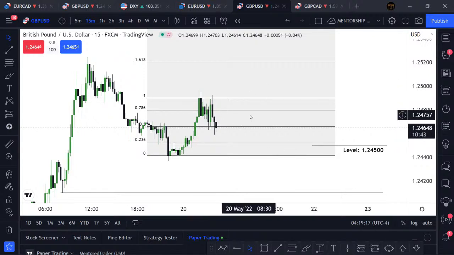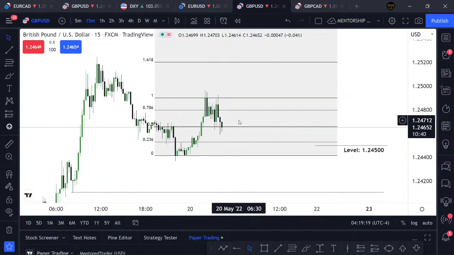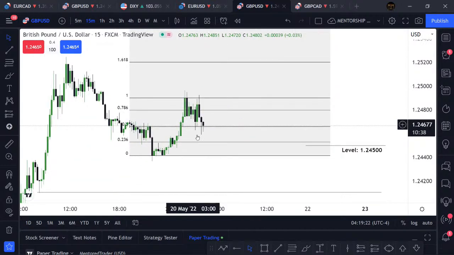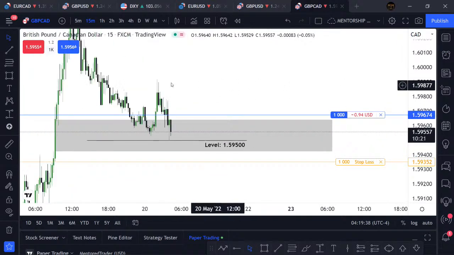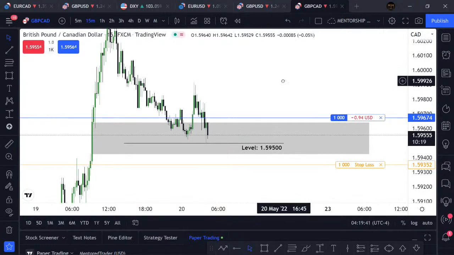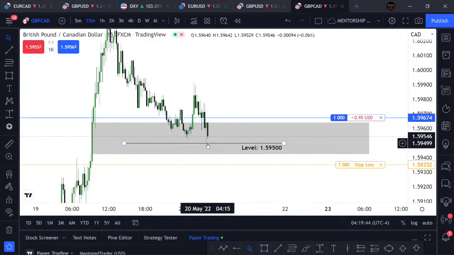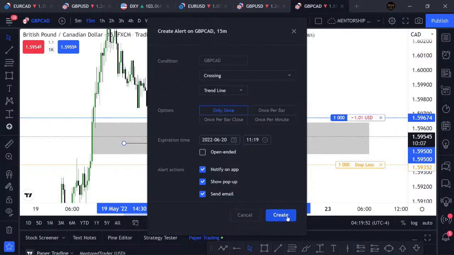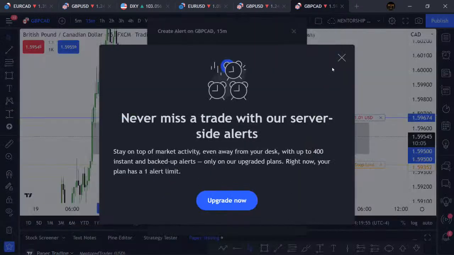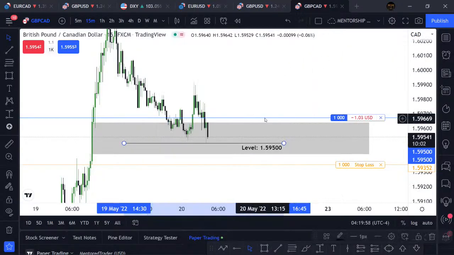Maybe at 8 o'clock in the morning, New York time, it's also possible. So the pound Canadian, let's wait and see what this thing has for us. You can also add an alert on that line. Oh, okay, it cannot give me two at a go. It's fine. So let's keep our eyes here.